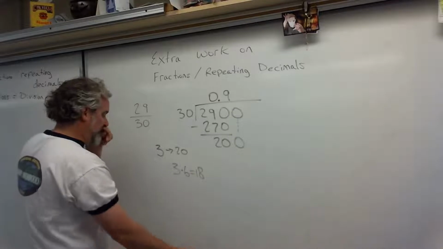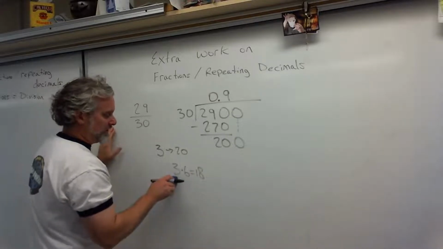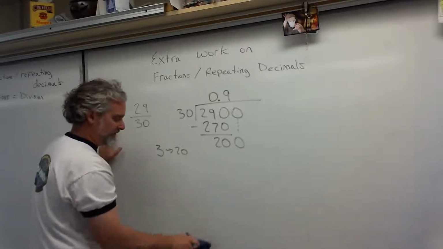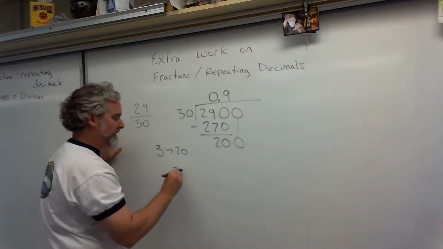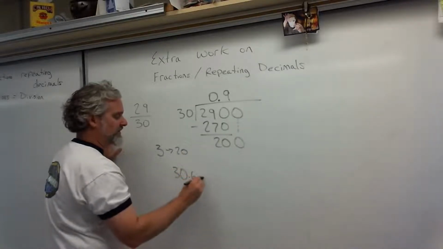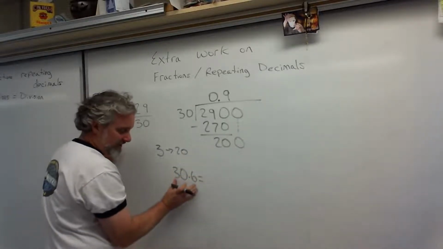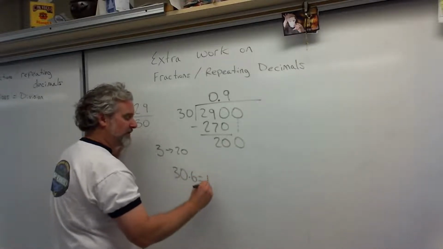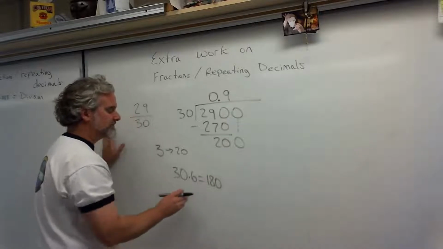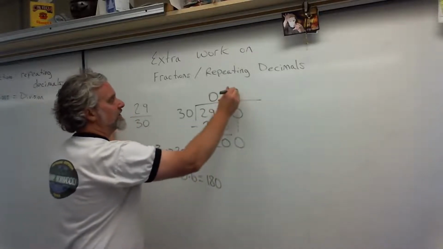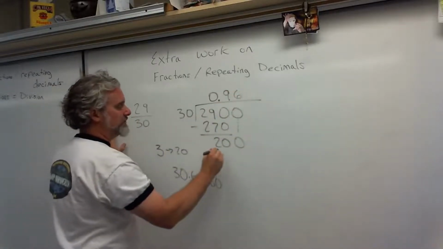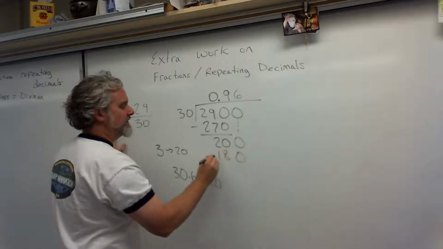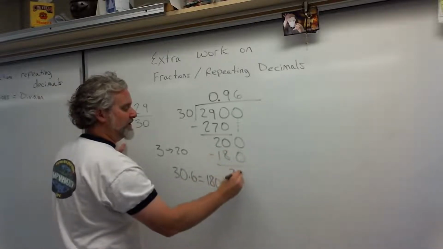And with numbers with zeros at the end, such as 30, 30 times 6 is just like our 18 but with a 0 at the end. It moves the decimal point over to get us 180. So 6 times 30 equals 180. Subtract, and we get a difference of 20.